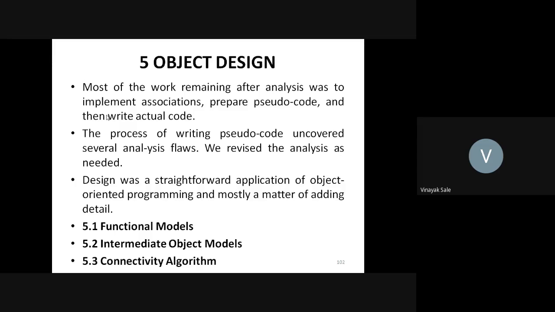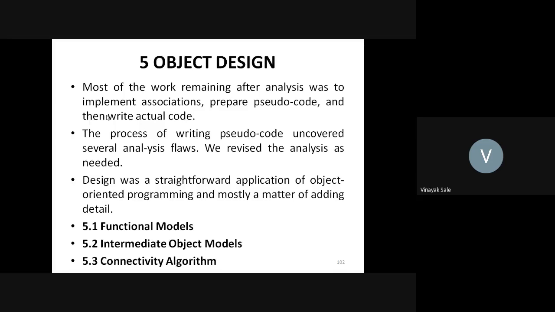Then, the fifth point from this chapter, object design. Most of the work remaining after analysis was to implement associations, prepare pseudocode and write the actual code. The process of writing pseudocode uncovered several analysis flaws.